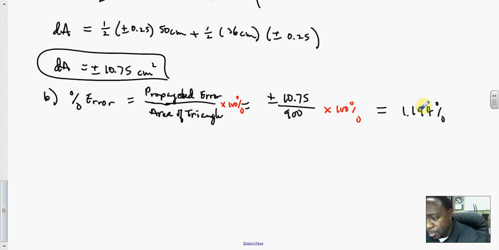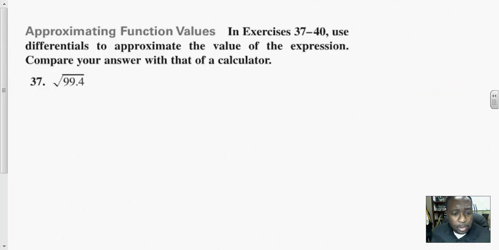That was for part A, then part B. Now, two more problems. Very neat ways to approximate an answer to a decimal. And this was really in the time that mathematicians did not have calculators like we do today.